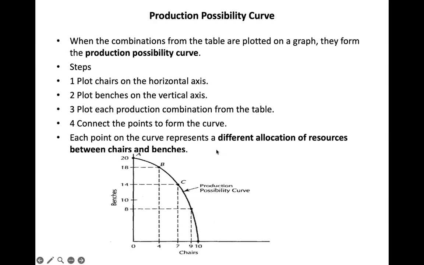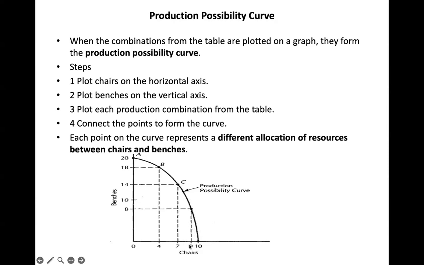So if the question is, let's say, what would be the opportunity cost for moving from D to C. So moving from D to C means the firm was initially producing 9 chairs, but when he moved to C, he's rather producing what? 7 chairs.